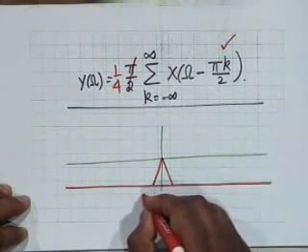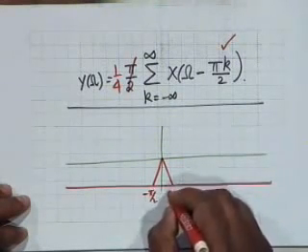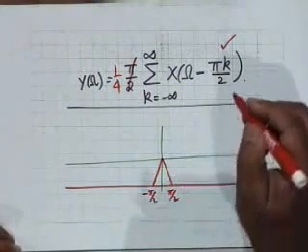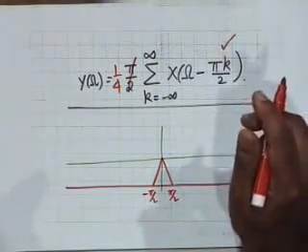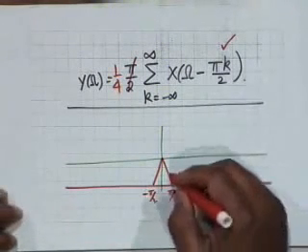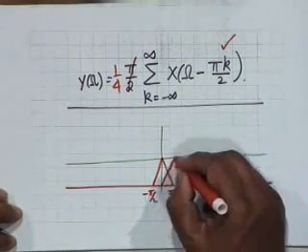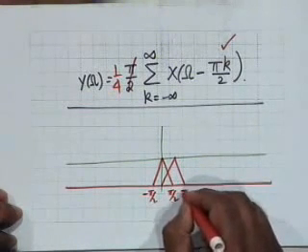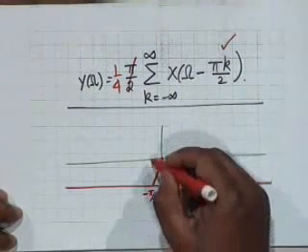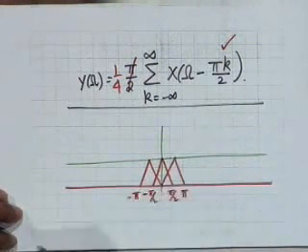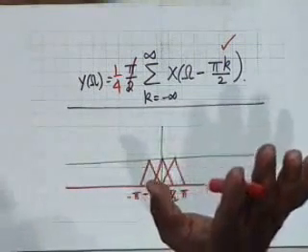So this is minus pi by 2, then this is pi by 2, and then at pi by 2 once again is another center for the triangular waveform, and therefore I shall have something like this, where this shall be pi, and similarly on this side this shall be minus pi. This is over one period.